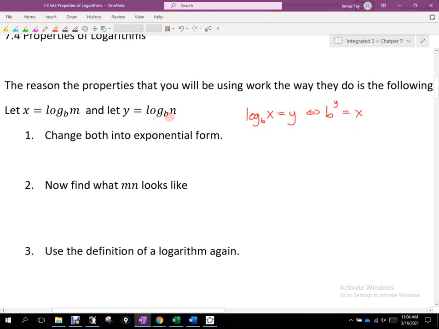Now, in order to see this the best way, I'm going to take this one right here, and I'm going to flip it. So I'm going to write it as log base b of m equals x. Is that okay? Okay. So now if I want to put that blue one in exponential form, I have to follow the same pattern that was listed here in the red.